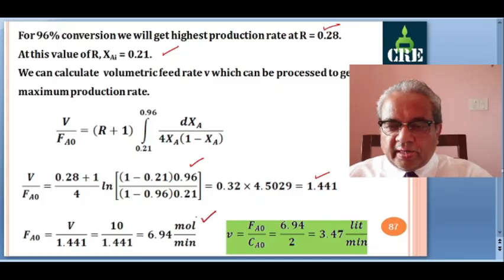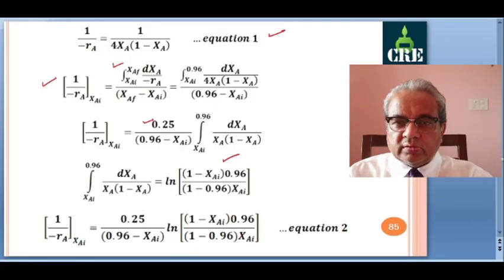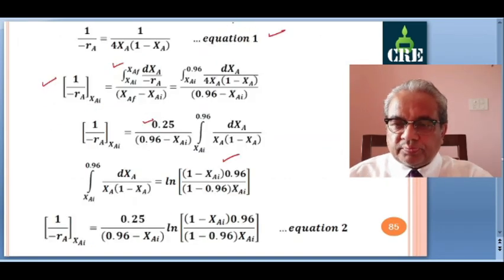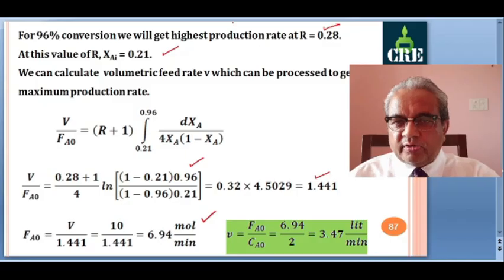So it comes out to be 6.94 moles per minute. Small v is FA0 by CA0, so 6.94 by 2, CA0 being 2, is 3.47 liters per minute. So we can treat 3.47 liters per minute at the best recycle ratio of 0.28 to achieve the 96% conversion for the given kinetics.